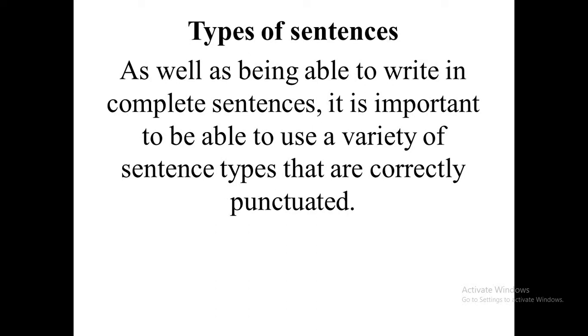There are two types of clauses, independent clause and dependent clause. An independent clause can stand alone as a complete sentence. A dependent clause needs an independent clause to complete its meaning. Different types of sentences are made up of different combinations of these types of clauses.